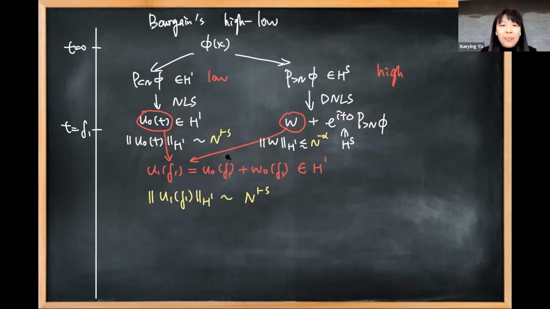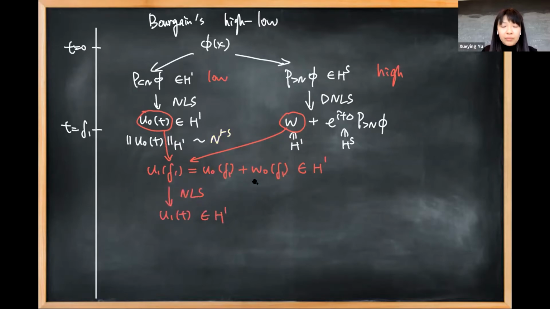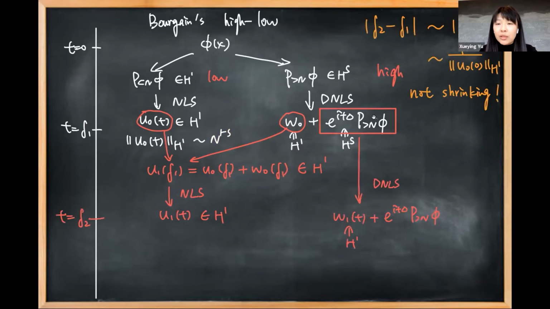Okay. Then you want to evolve this new initial data using your nonlinear flow, and then you get a global solution. At least you can have some local solution. Then what happens with this rough linear part? For this rough linear part, you want to evolve it again using the difference equation. And then you will see a small Duhamel piece in the energy space again, plus a rough linear solution.